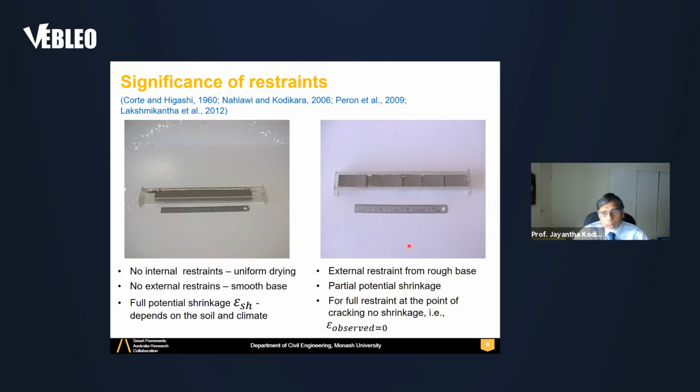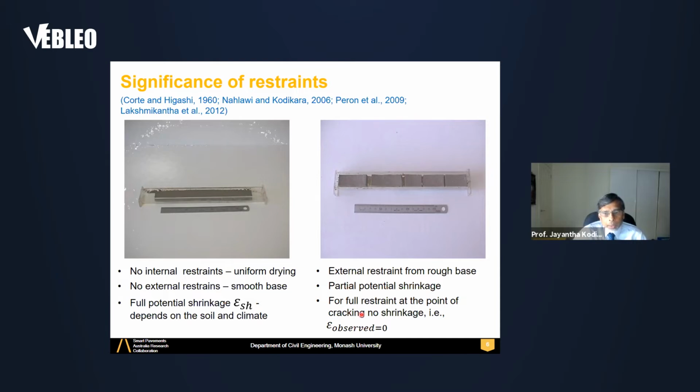In contrast, on the right-hand side, you see a container where the soil is placed without greasing. So there is friction and adhesion at the base. External restraint from the rough base gives partial potential shrinkage. That means some free shrinkage is restrained by the external restraints.